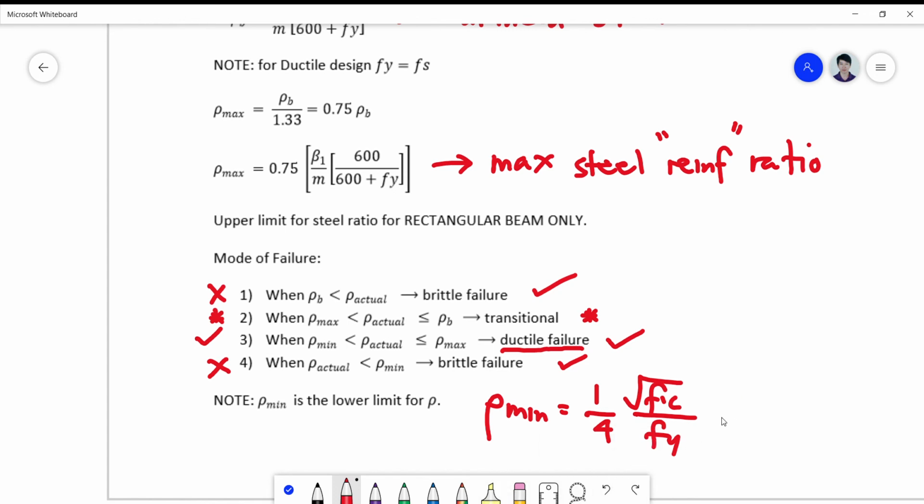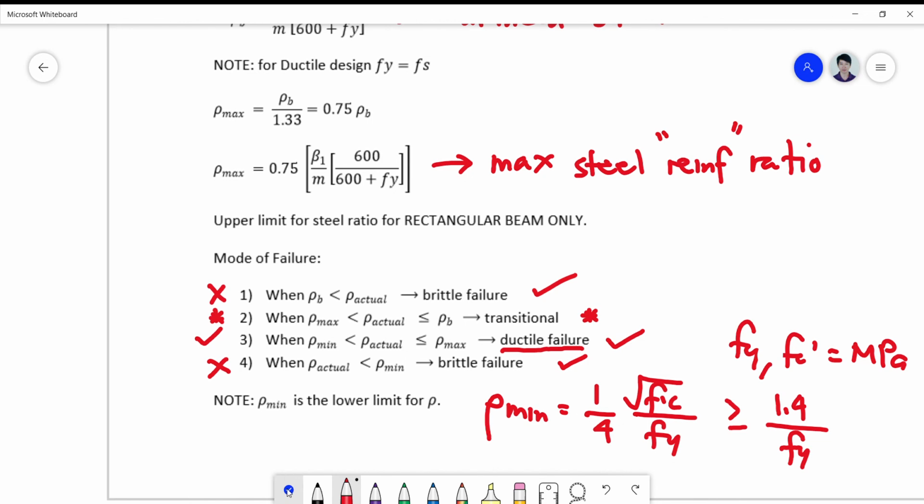Not less than 1.4 over Fy. Fy must be in megapascal, and fc prime must be in megapascal.